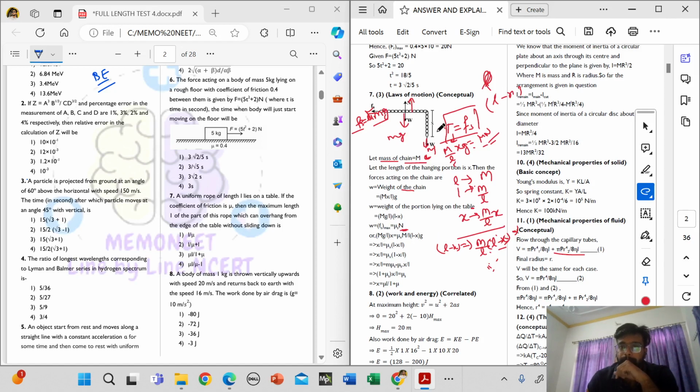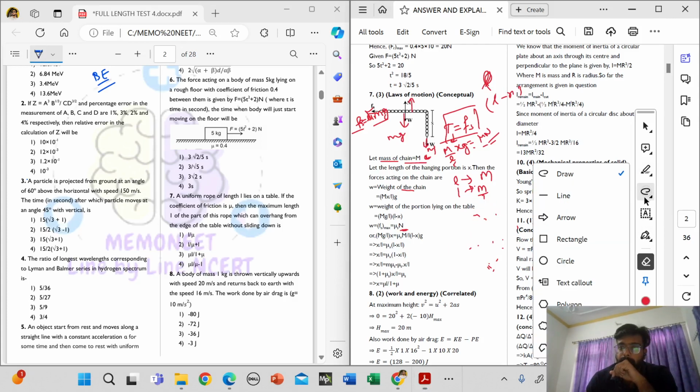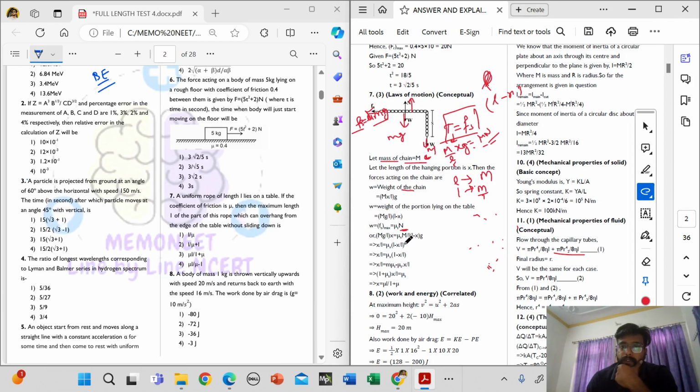Then this will be equal to, this will balance out the force acting on the L minus X part. The tension acting on this part will balance out this part.